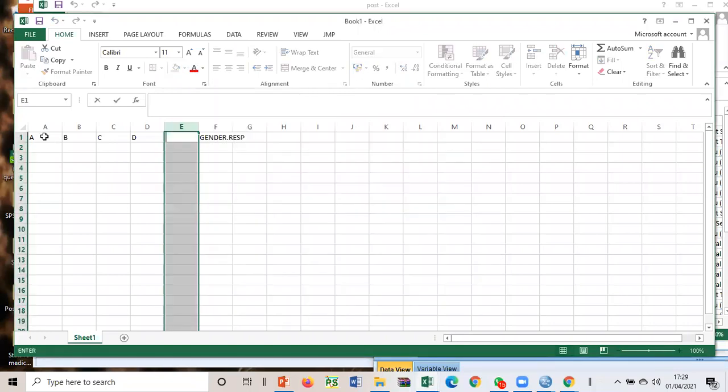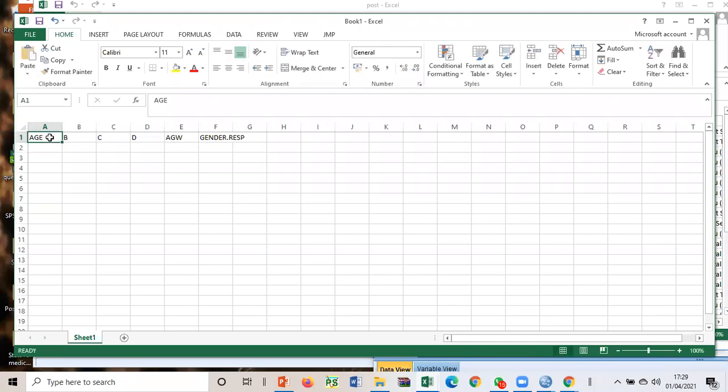Of course, this can be age, this is height, this is weight, and so on. This is your employment status. Age of respondent, the height, and the weight.